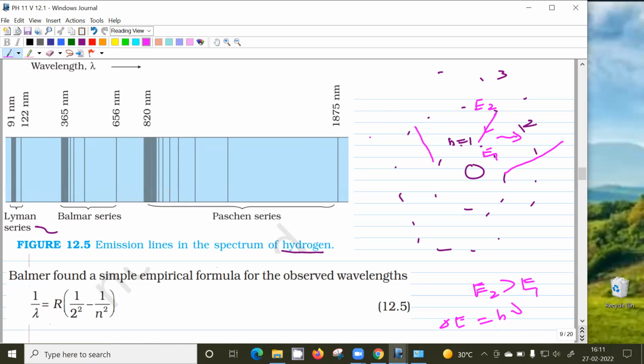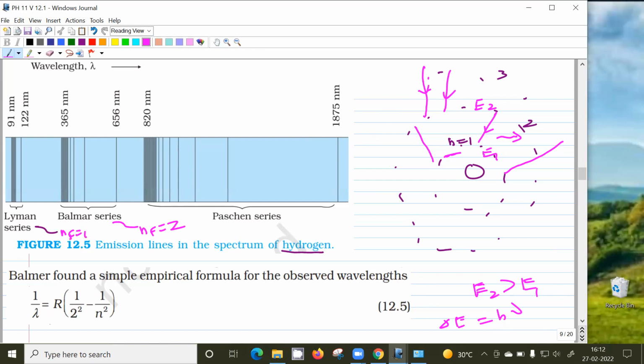So what is the Lyman series? All the jumps from any orbit to n equal to 1. If this is the final state, n final equal to 1, then we get the Lyman series. What about Balmer? N equal to 2, sir. N final. Balmer series is these sorts of transitions from any other state.